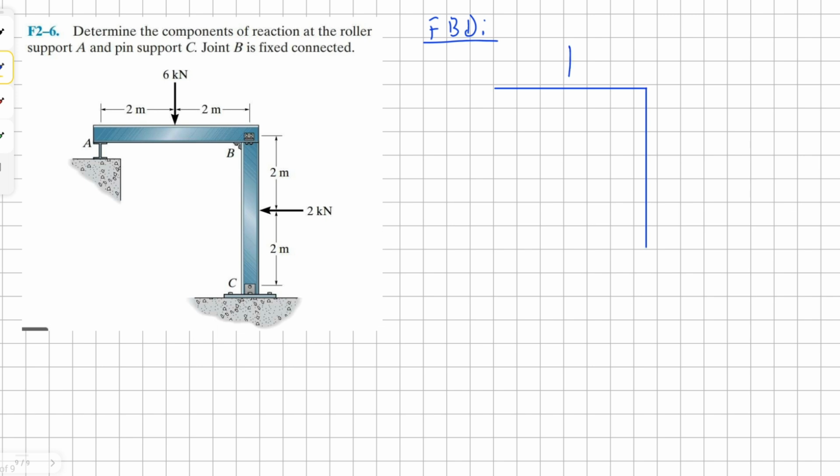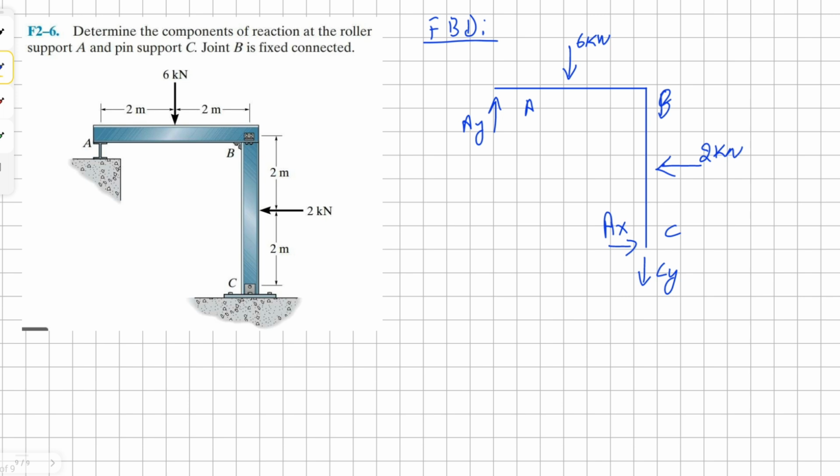We have a vertical point load of 6 kilonewton 2 meters away from point A, and then we have a horizontal point load of 2 kilonewton 2 meters away from point C. We're going to have reaction forces. We are only going to have a vertical reaction force for point A, and both horizontal and vertical reaction forces for point C.